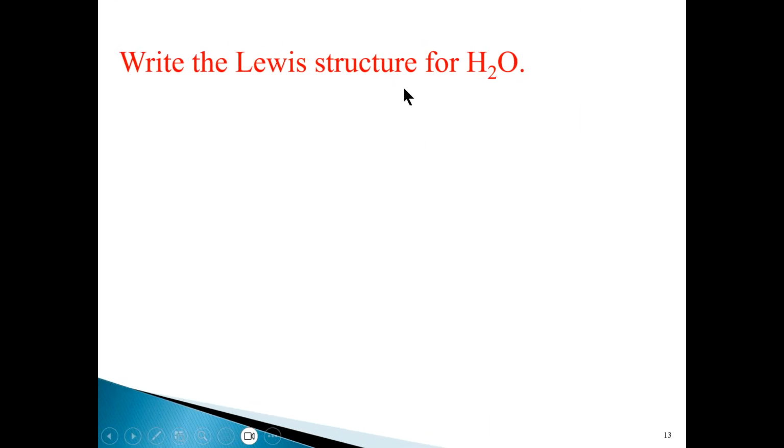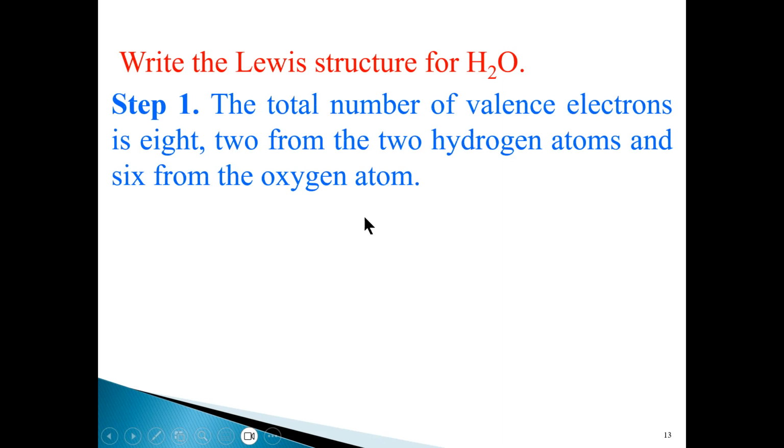And then we talked about this example here, water. So in the case of water, you have 2 hydrogen atoms and 1 oxygen atom. So basically what you'd have to do is go to the periodic table and look up the group numbers. And you'll see that in the case of hydrogen, there's 1 valence electron provided, but there are two hydrogen atoms.